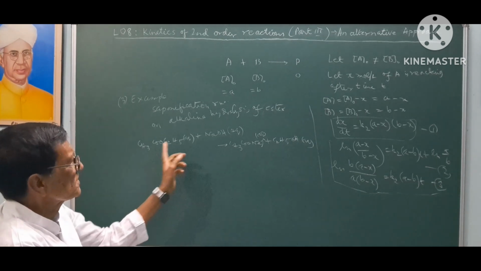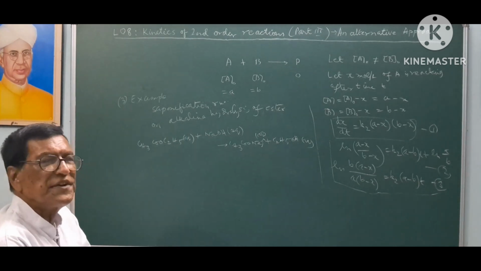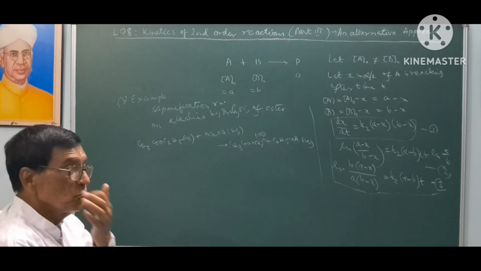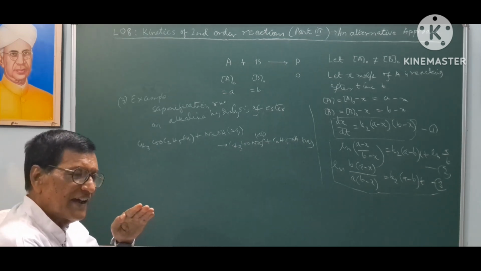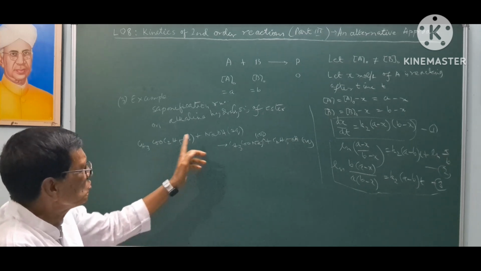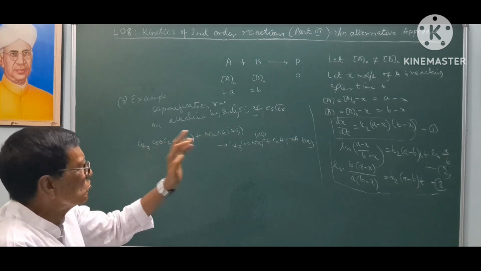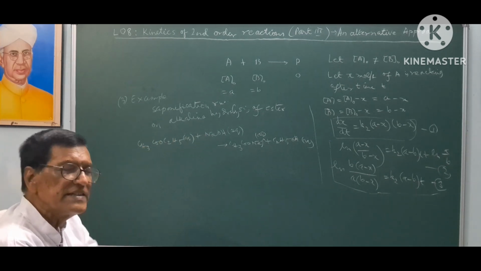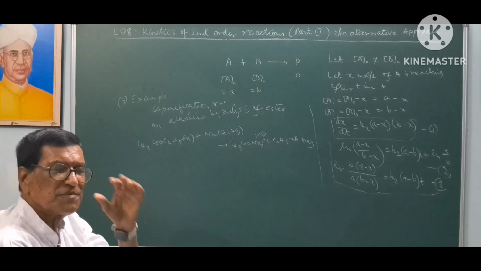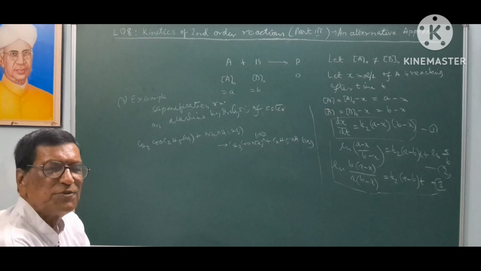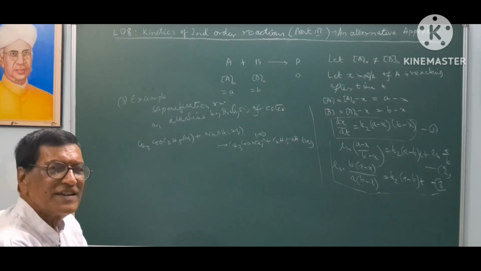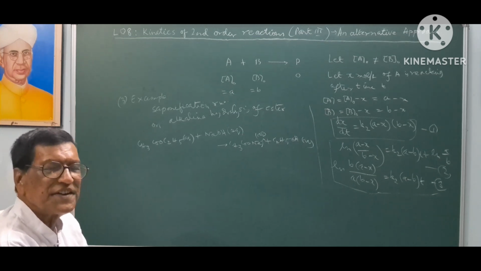So the initial concentrations of these two reactants have been taken, and these are known to us in a reaction mixture. Among the two, sodium hydroxide is easy. The concentration of sodium hydroxide could be easily determined by titrating with standard oxalic acid using phenolphthalein indicator.